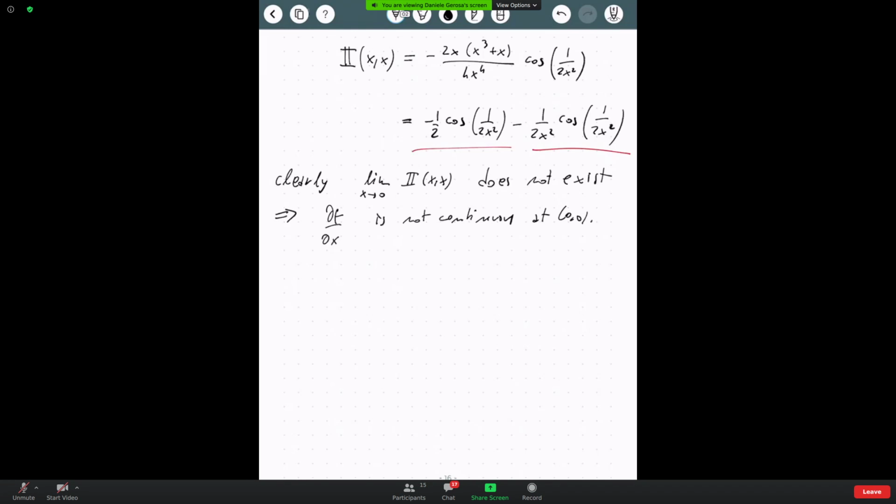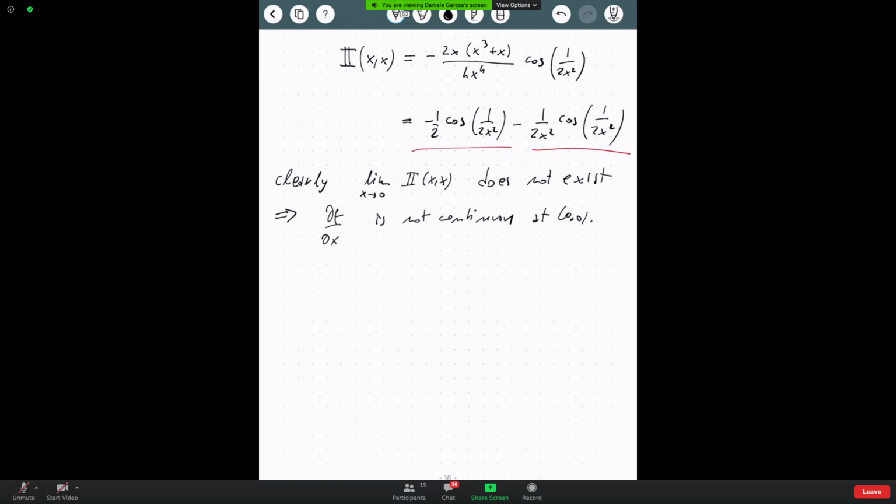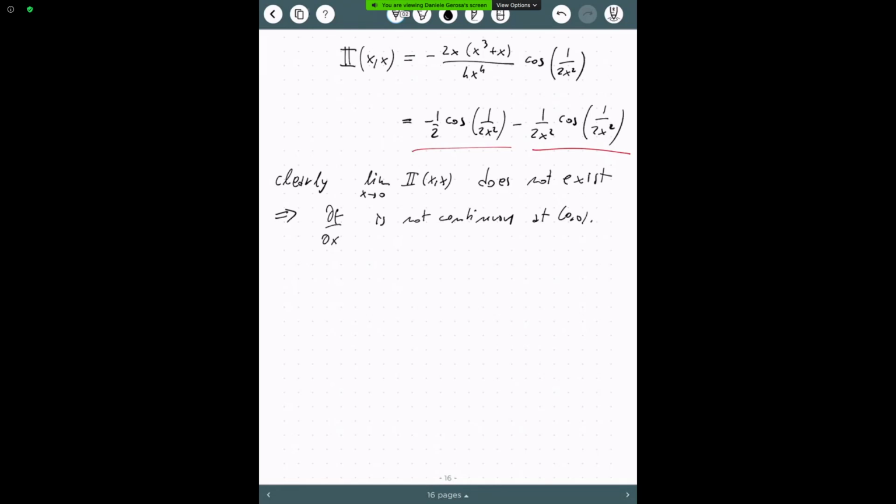Let's see this example 3. Bye-bye. Why did it change?